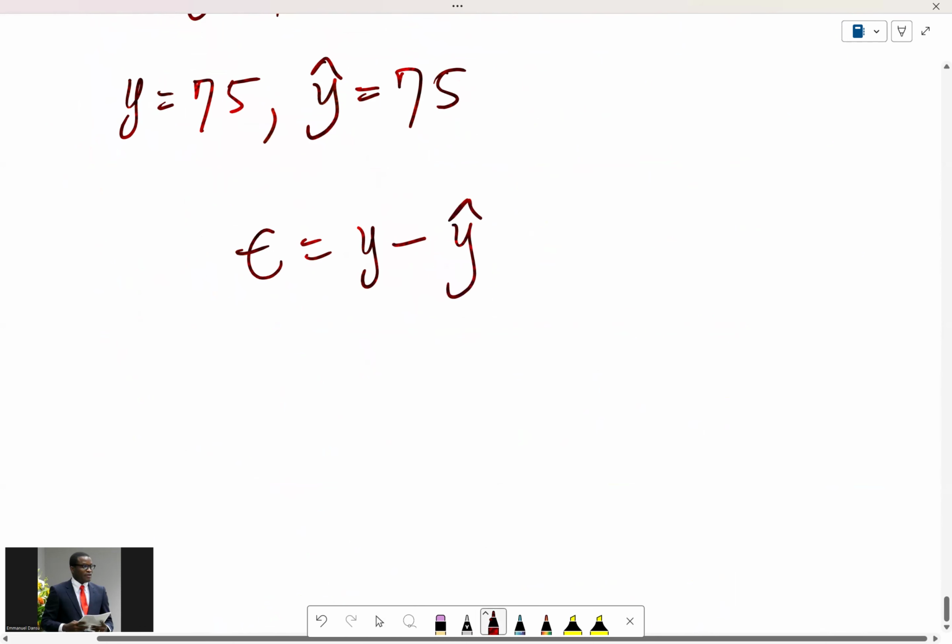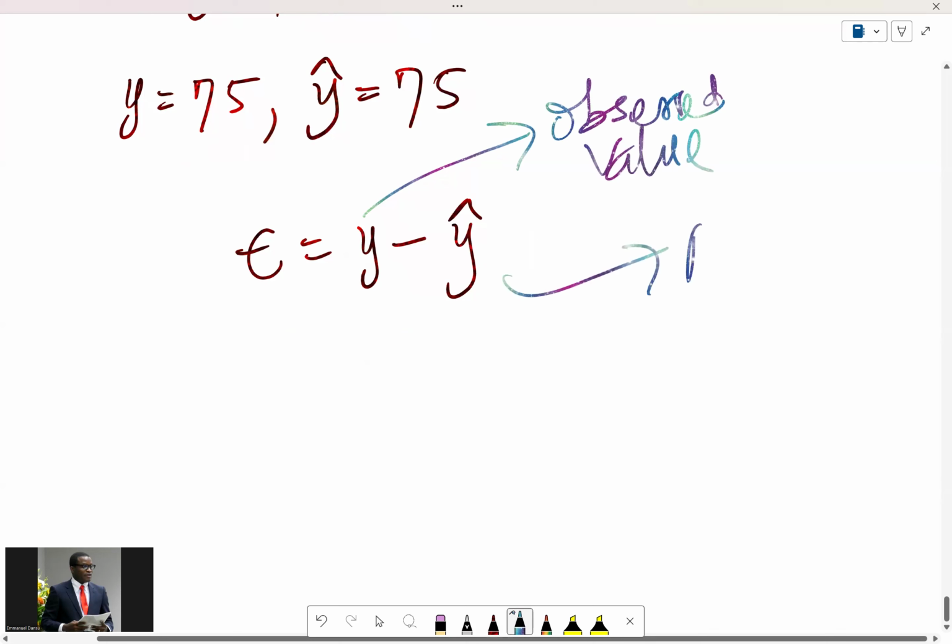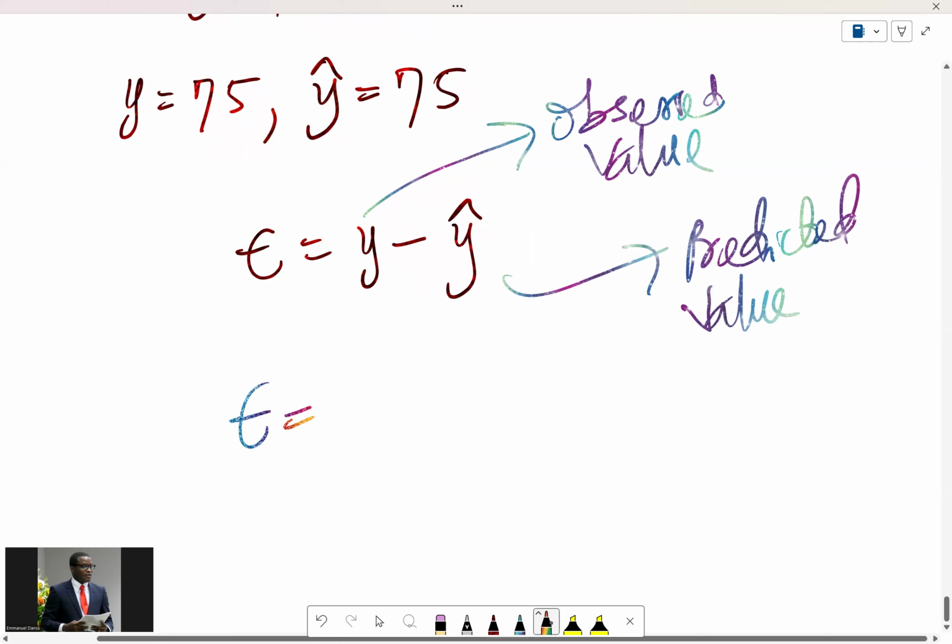So this is the observed value. That's the value in the table. While this is the predicted value. So now the error term is actually 75 minus 75.